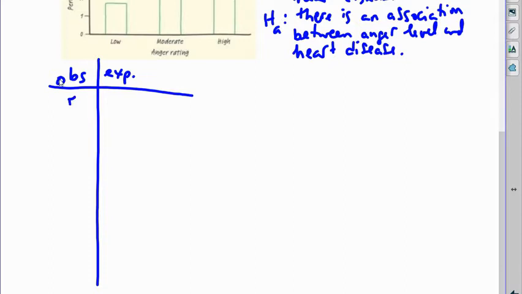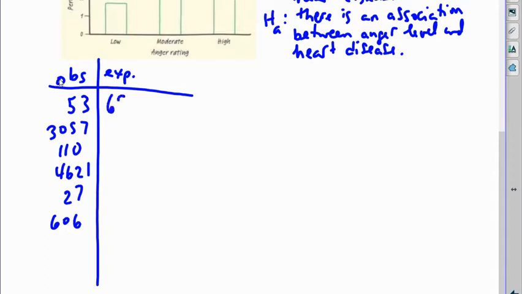Observed 53, 3057, 110. 4621, 27, 606. And this is the way I would enter it into my calculator for doing the contributors. Okay, so these are the numbers from the matrix, and I'm maintaining the same order as I did for the writing of the observed so that they correspond with each other.